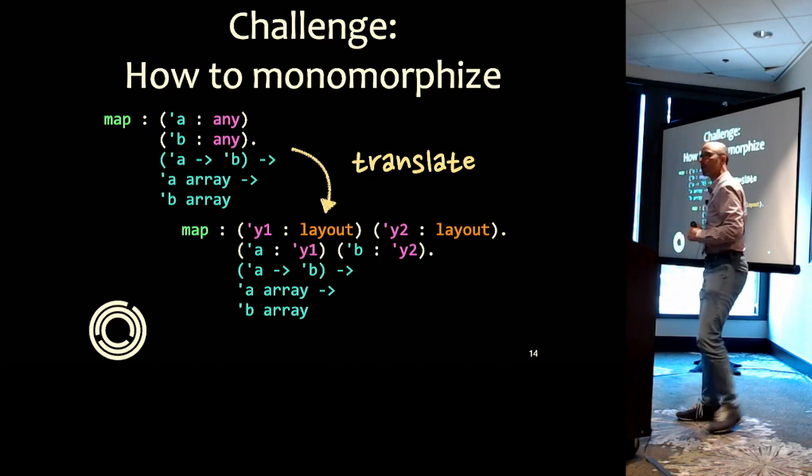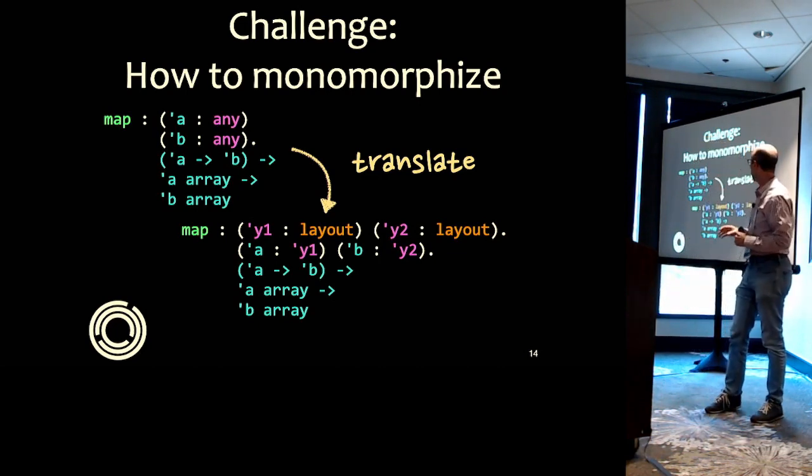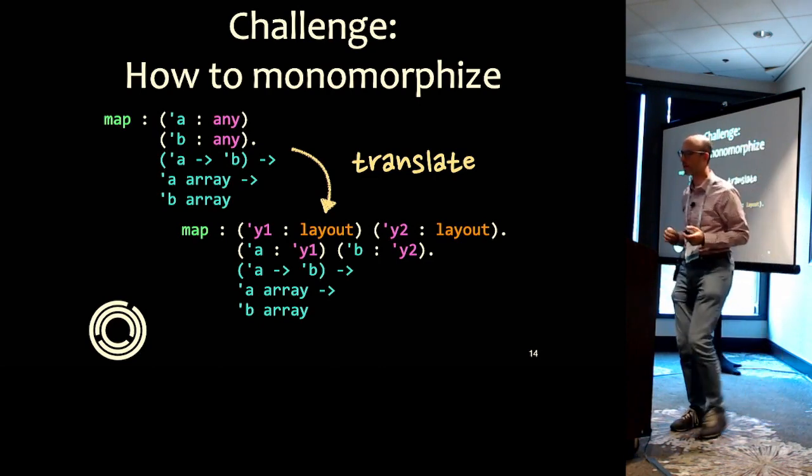But down here, this is sort of hypothetical syntax that I don't think we'll ever implement, where we have layout variables y1 and y2, and once we have those, then in the implementation of map, we can easily trace how the layout of this variable flows into some other function, right? Maybe map itself calls another layout flexible function that we'll need to monomorphize, and we need to know which monomorphic instantiation we would need of that function. And so the first step is to use proper layout polymorphism.